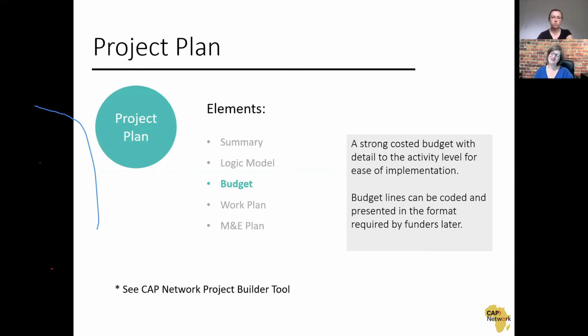So if they put out a call for proposals and say, we will fund projects up to $50,000, and they get a whole slew of proposals in asking for exactly $50,000, that's going to make the proposal that asks for $48,500 look more intriguing, right? Because it looks like it's more costed, and it looks like you're asking for what you really need, as opposed to just asking for the maximum amount of money that they're willing to fund.